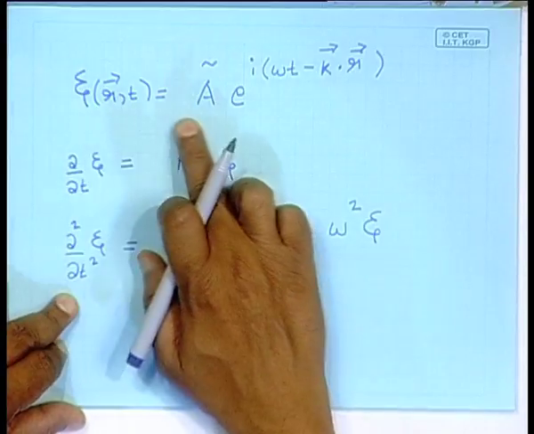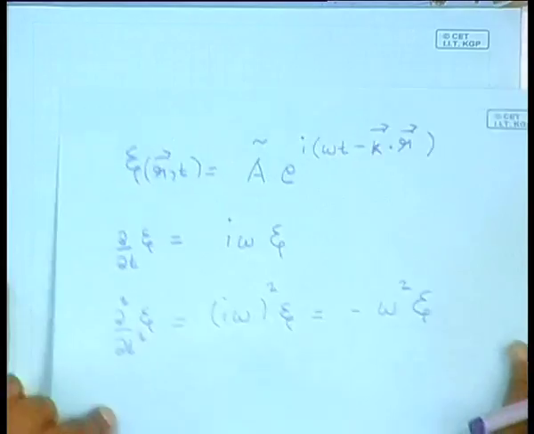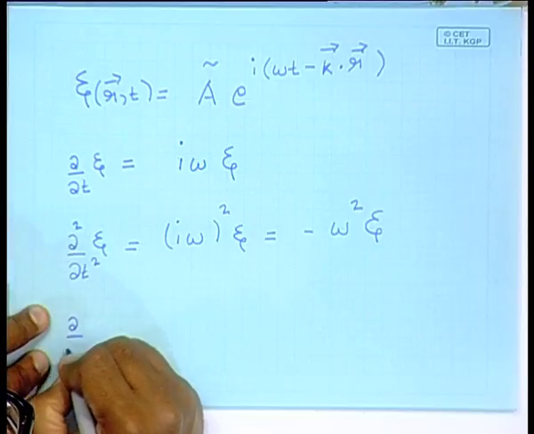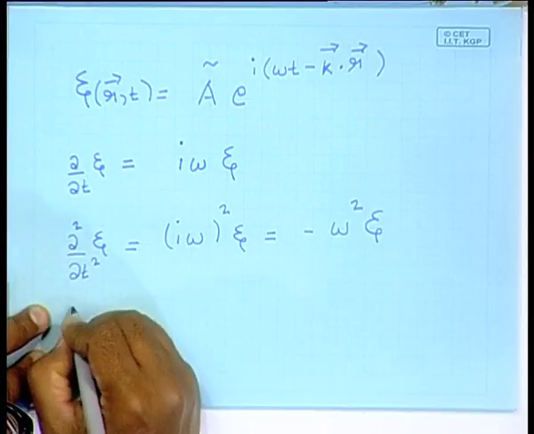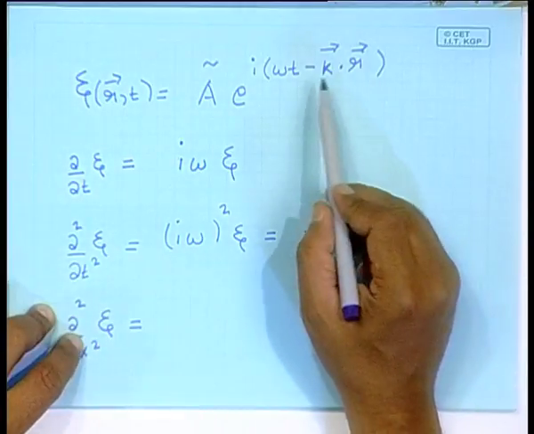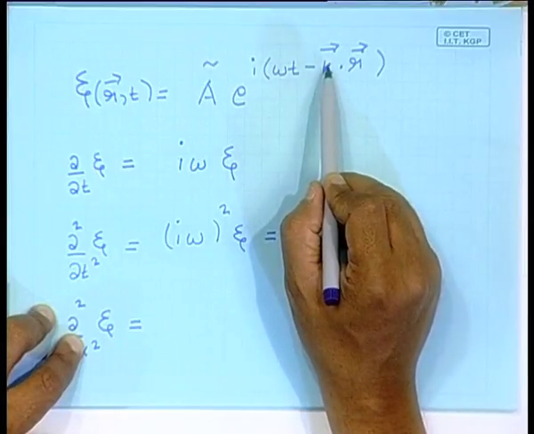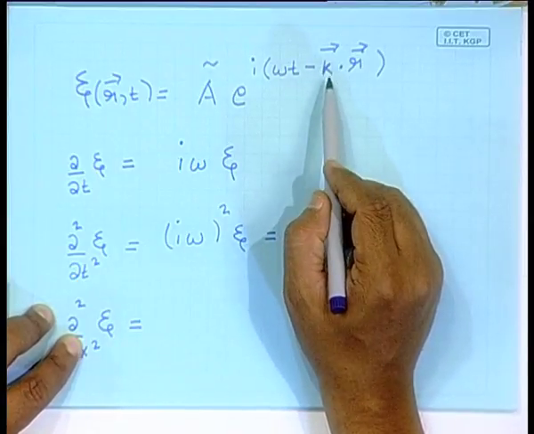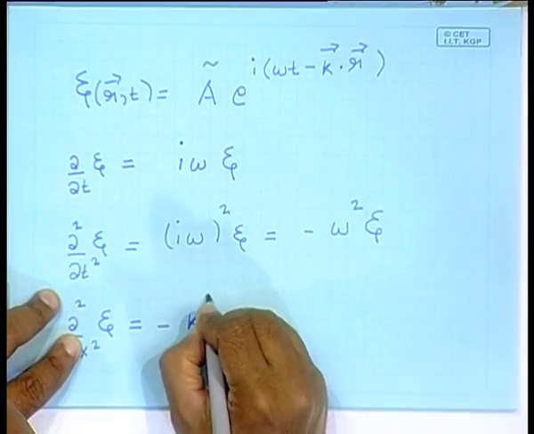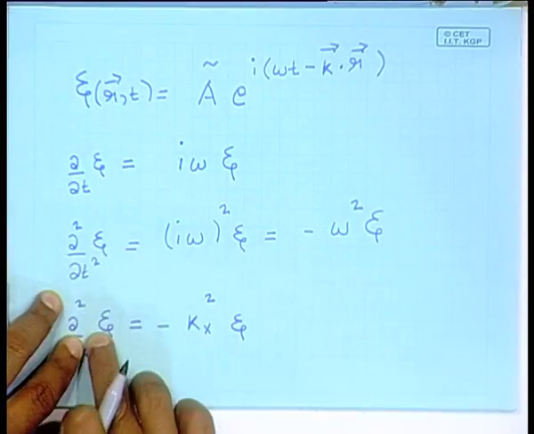If I differentiate this with respect to x twice, let me write it down straight away without doing the algebra: del x squared xi is going to be, if you differentiate once, you will get a factor of I into kx, where kx is the x component of this vector k. So, if I differentiate it twice, I am going to get minus kx squared xi, just like if I differentiate with respect to time.